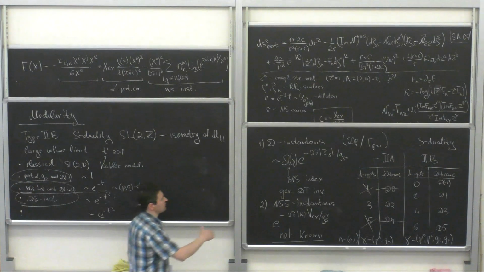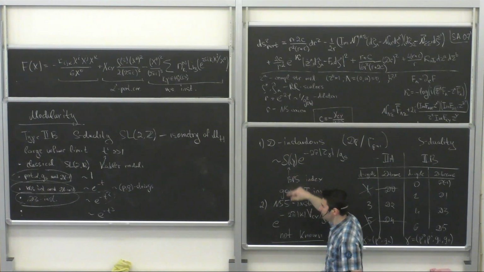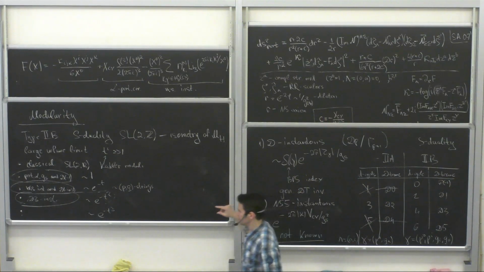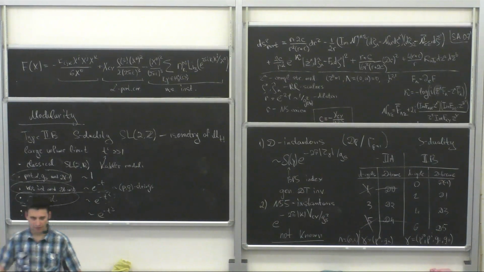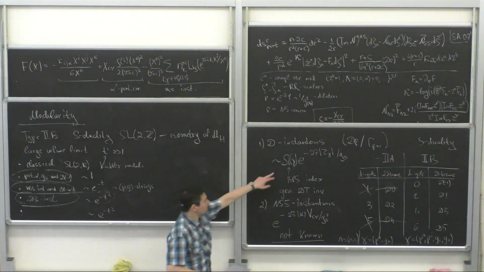But this imposes certain restrictions on these BPS numbers. In other words, for arbitrary BPS indices, you do not have SL2Z. You have it only for some special sets of values.